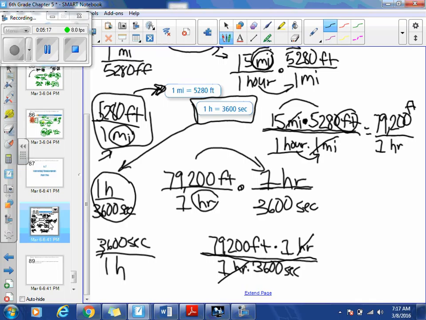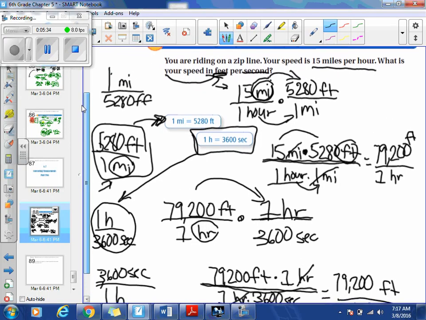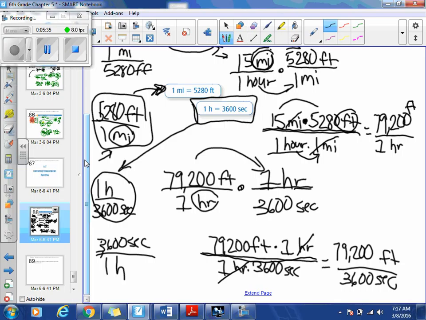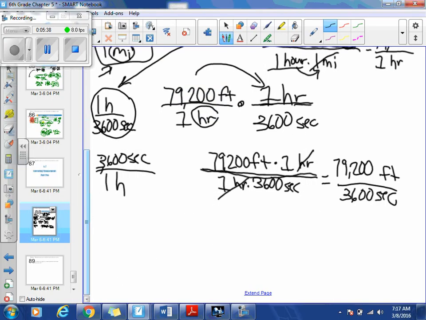So those are going to divide out. 1 hour divided by 1 hour is 1. I'm left with 79,200 feet per 3,600 seconds. Remember, if I go back up to my question, it says find your speed in feet per second. So we don't want feet per 3,600 seconds, we want feet per 1 second.